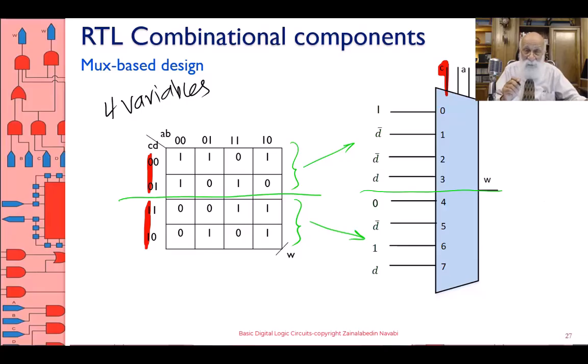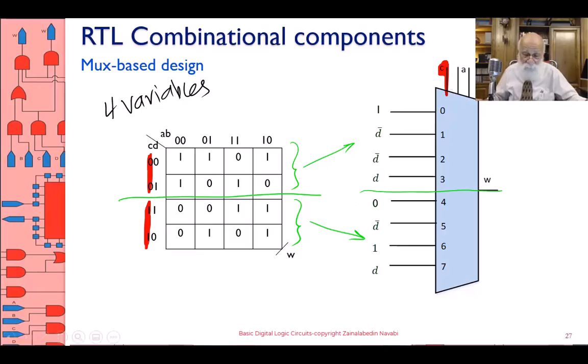And AB are selecting either the inputs 0, 1, 2, 3 of the upper part of the multiplexer, or AB are selecting the 4, 5, 6, 7 inputs of the lower part of the multiplexer, depending on C. So with C, I don't have to worry anymore. I'm going to put A and B to the other 2 inputs of the Karnaugh map.